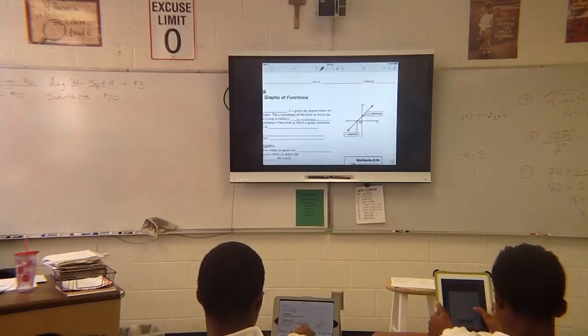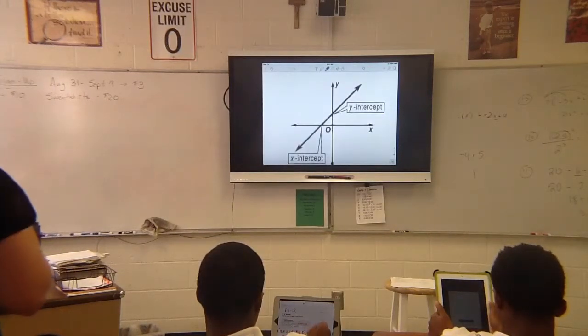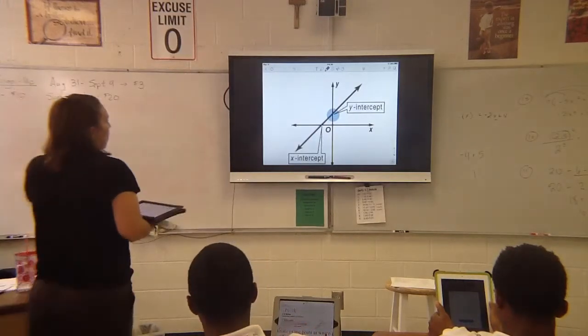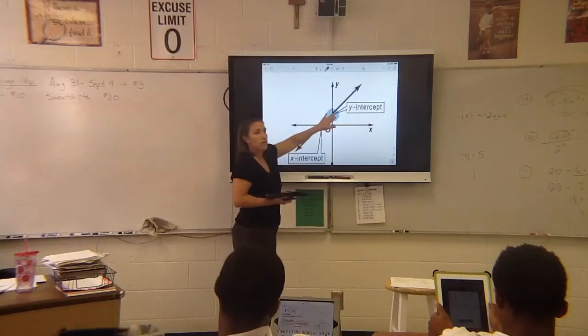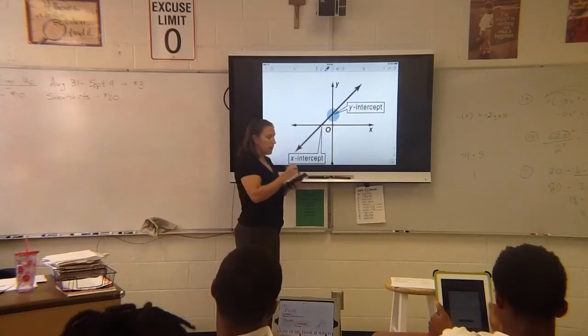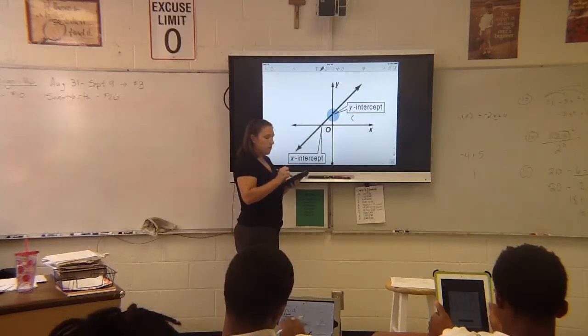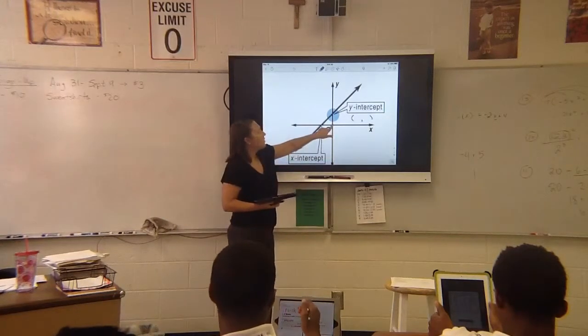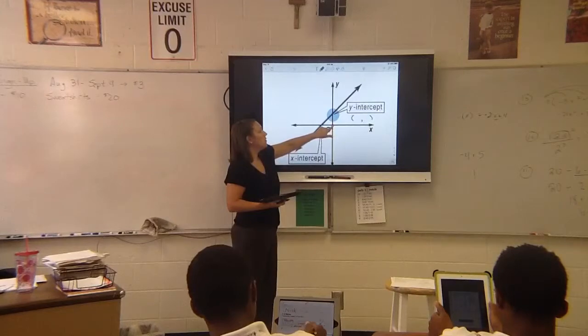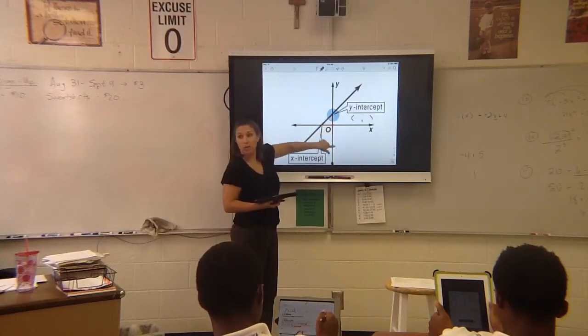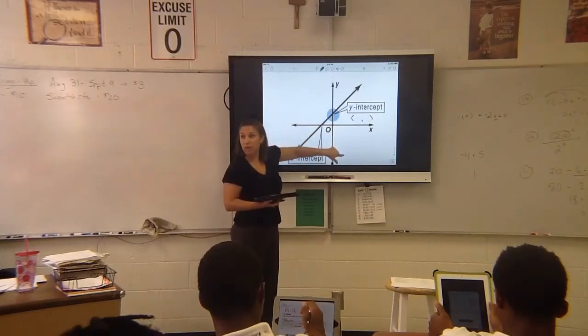When I come over here and take a look at this point right here, this point would be called the y-intercept. Where does this line cross the y-axis? Now when you're looking at this coordinate point, what's your x value always going to be here? It's going to be 0, and then whatever my y value is. It'll move up and down depending on where it's at.